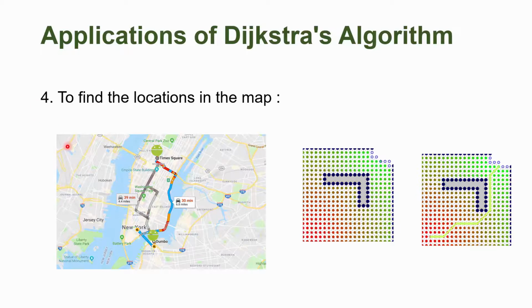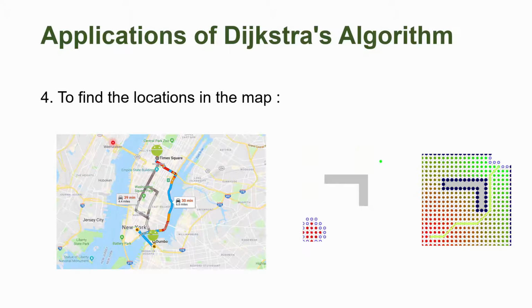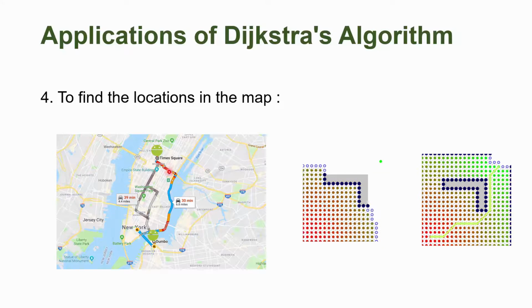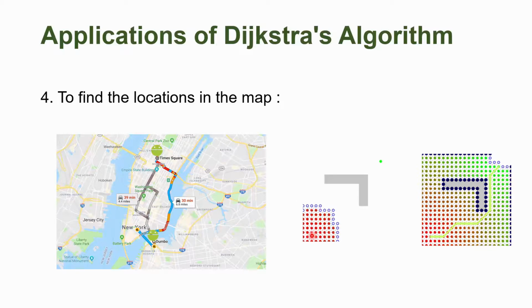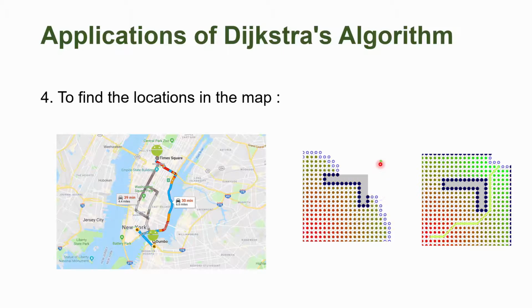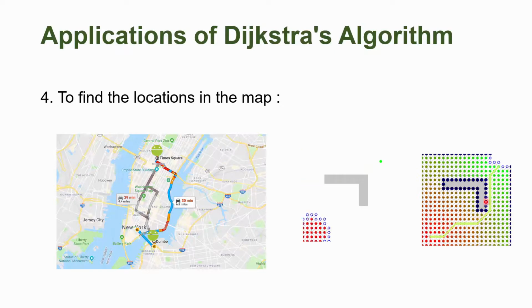Dijkstra's algorithm is a modern method to find the shortest distance between your destination and source. So here you can see how it actually works. This is my source and this is my destination, and it traces through its neighbor vertices and finds the shortest distance.